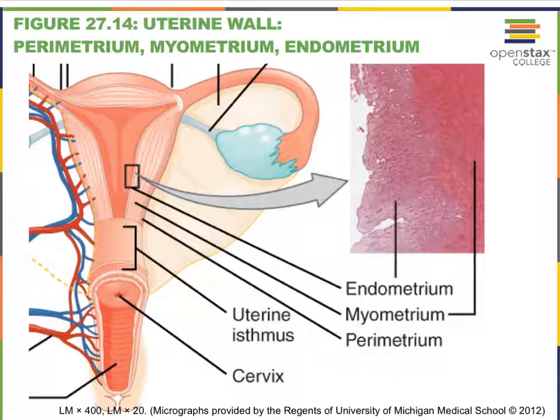Now, if we look at the wall of our uterus, then we can recognize three distinct layers. The innermost layer is called the endometrium, the muscle layer is called the myometrium, and then the most superficial layer is called the perimetrium.